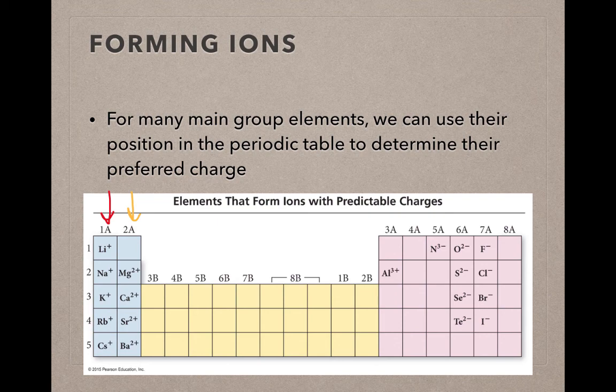As soon as you start getting over here on this other side, things start changing a little bit. Group 3A, one of the most typical there is aluminum, and it tends to lose 3 electrons, forming aluminum 3+. Boron here doesn't really lose any of the electrons, and then the elements down here tend to do some funny things as well.